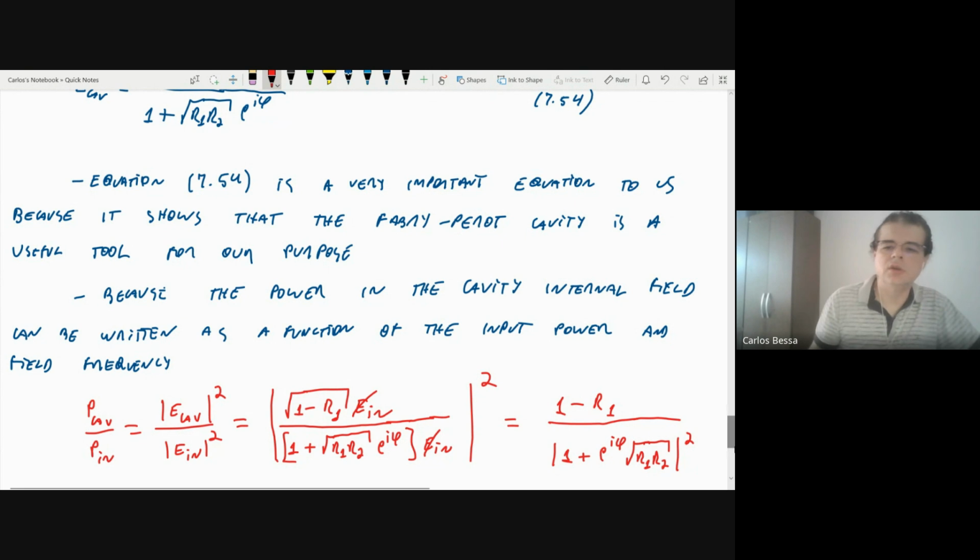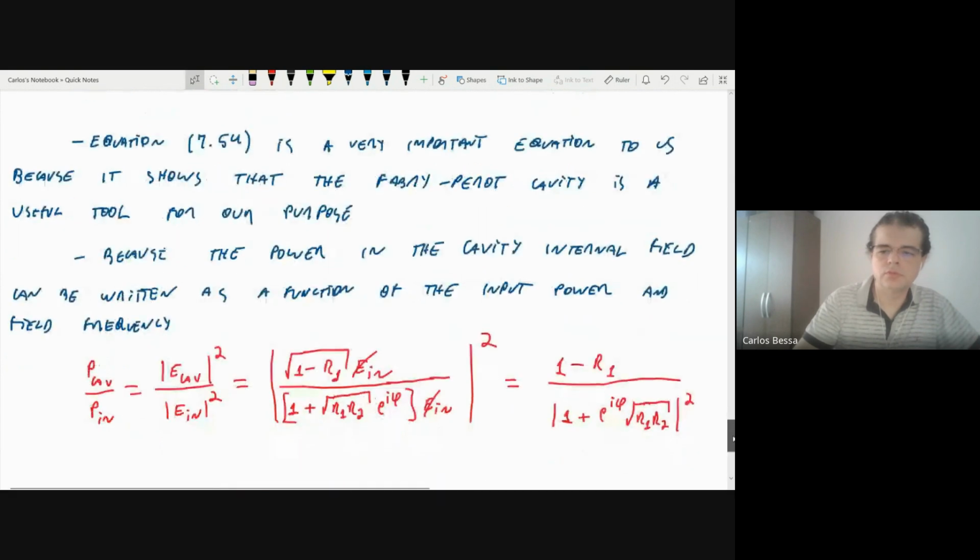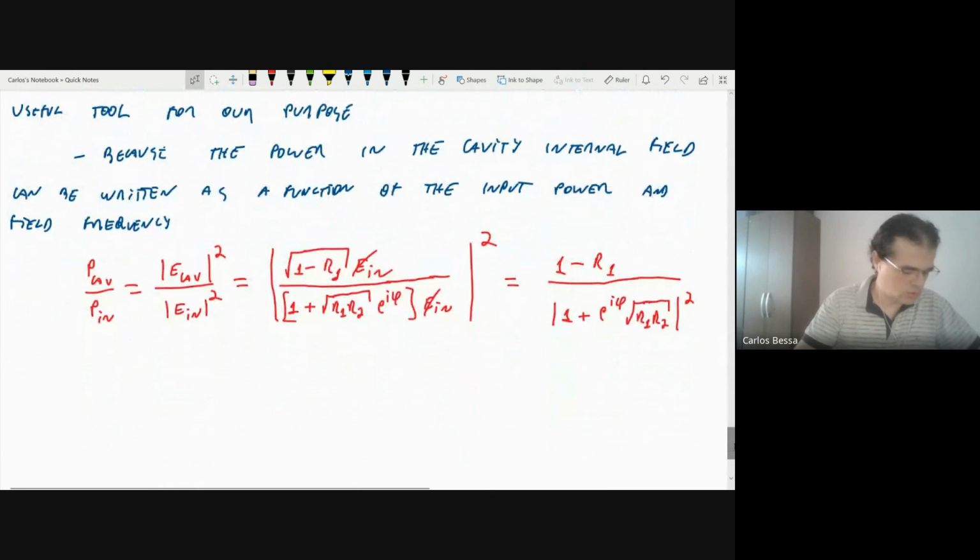So you don't need the modulus here. Okay, this is the expression. This is equation 7.55.